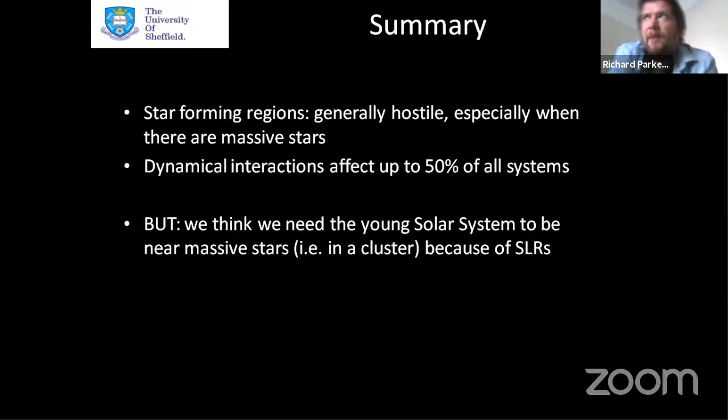Yeah, I think if the stellar density initially is less than 100 solar masses per cubic parsec, then your planetary system would probably be unscathed, unless, of course, there were massive stars there, in which case you might not form Jupiter or Saturn planets. It depends where in the disk you think Jupiter and Saturn formed. So for star regions with stellar densities lower than 100 solar masses per cubic parsec, planetary formation is probably unaffected, especially if there are no massive stars.